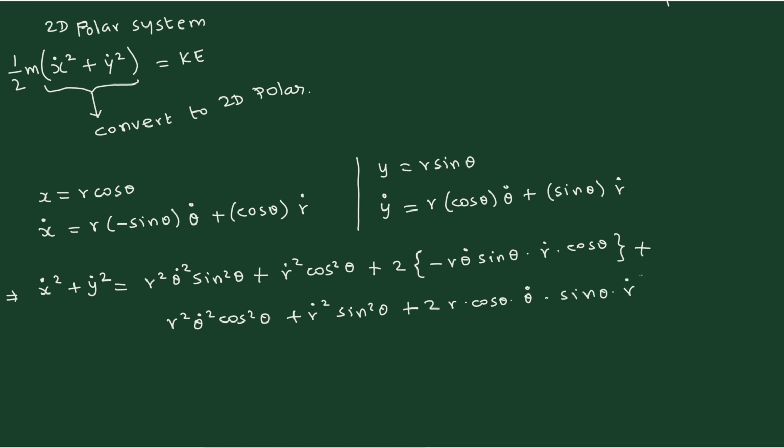That's all. So these are all the terms for the second one. So the first square bracket corresponds to the x dot square, and the second square bracket corresponds to y dot square.